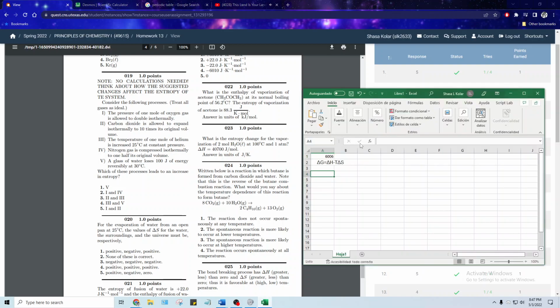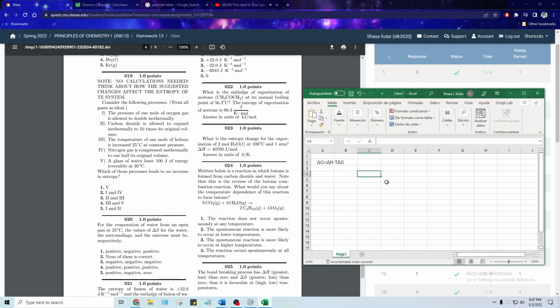Let's see, number 22. What is the enthalpy of vaporization of acetone at its normal boiling point of 56.2 degrees Celsius? Okay, so we're doing the same thing again, but slightly differently.